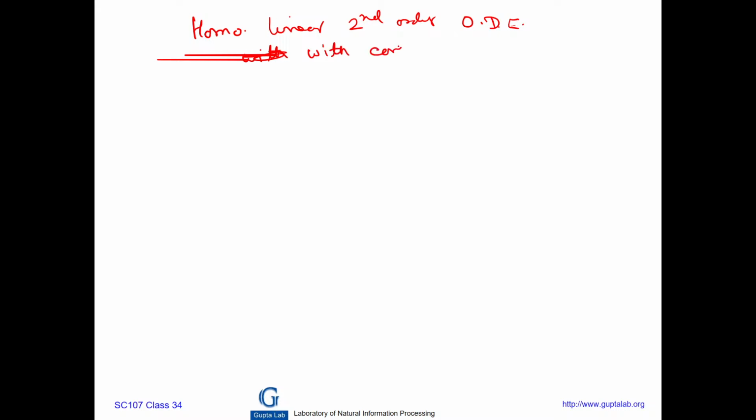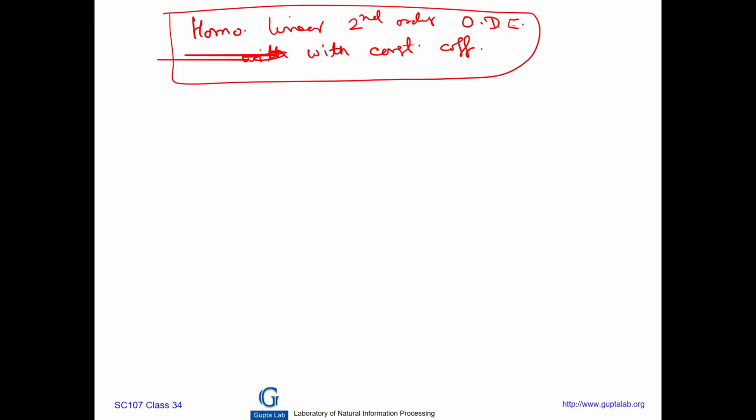First I am going to focus on the homogeneous, linear, second order ordinary differential equation with constant coefficients. Homogeneous, so r(x) is 0, linear, second order, ordinary differential equation with constant coefficients.